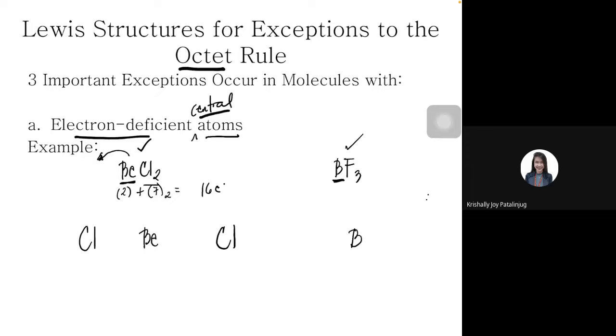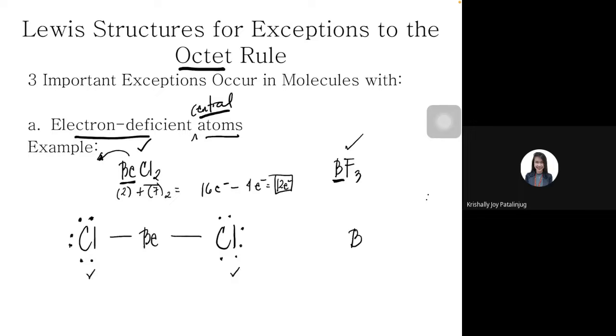Then upon drawing single bonds, minus 4 electrons, and the remaining would be 12 electrons. So these 12 remaining electrons will be distributed to the surrounding atoms by 6. Why by 6? Because the surrounding chlorines are lacking 6 electrons to attain octet.